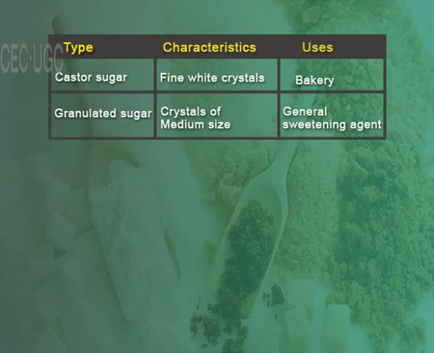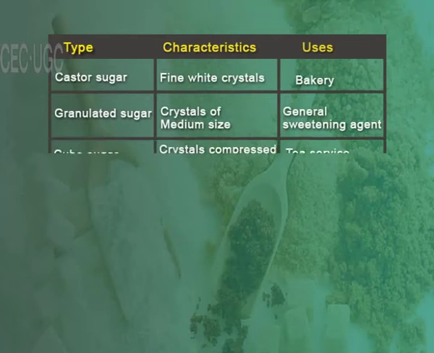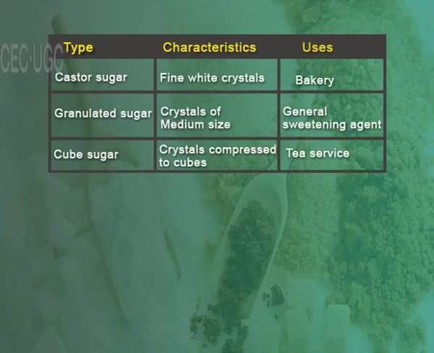The second type of sugar is granulated sugar, medium sized crystals. It is a general sweetening agent which is used in tea, coffee, etc. The third type of sugar is cube sugar. Crystals are compressed to cubes, which is mostly used in tea service.